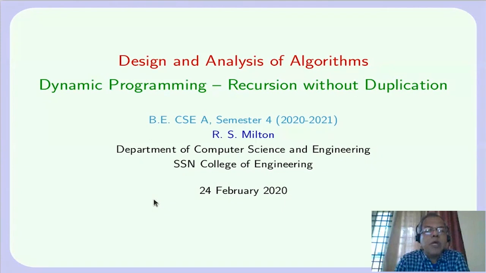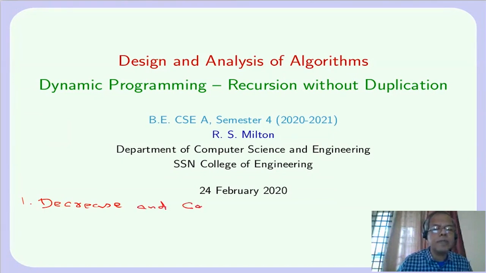Let us start with a quick recap of the algorithm design strategies we have covered till now. We started with decrease and conquer. Closely related with decrease and conquer, but achieving better running time, is divide and conquer.